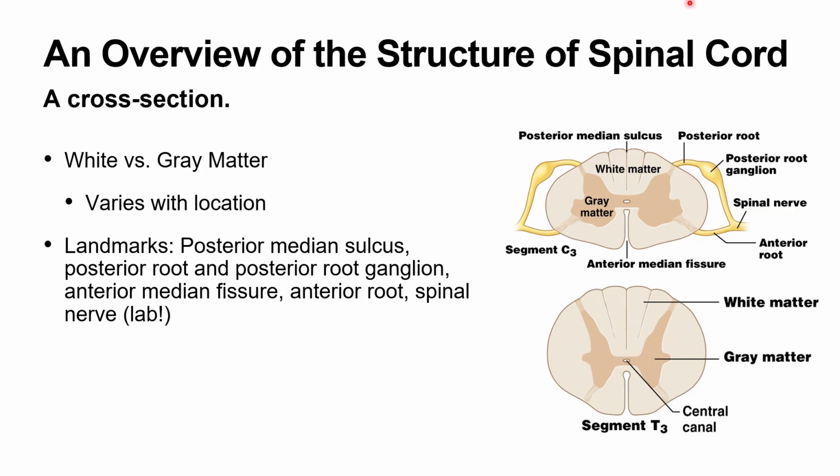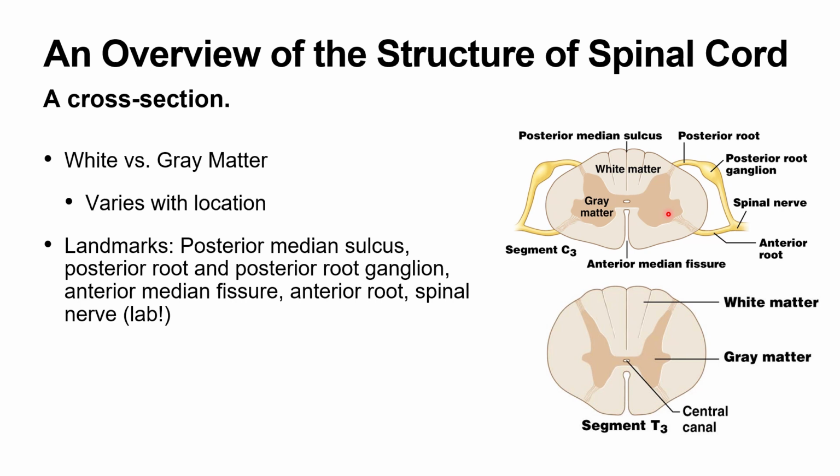Now, the reason that we see this enlargement of the cell bodies on the posterior root and not on the anterior side is because the anterior side has that collection of cell bodies found in this enlargement of the gray matter that we see here. This enlargement of the gray matter is what we call the anterior horn.